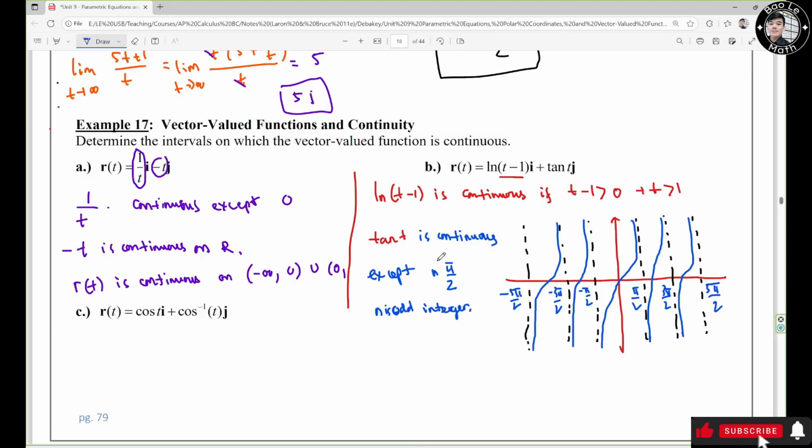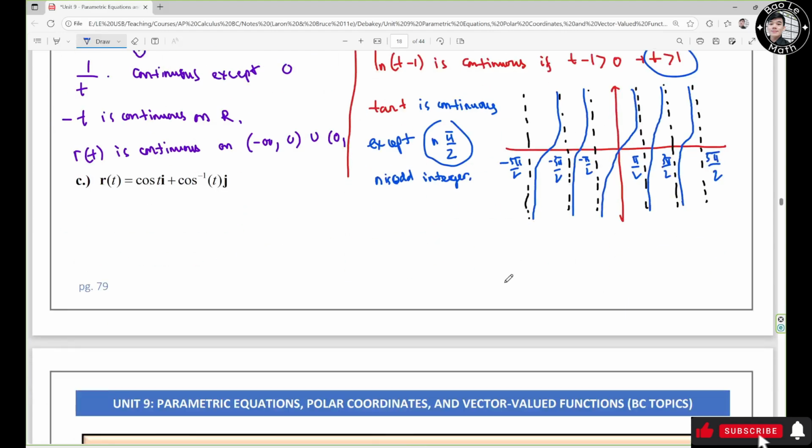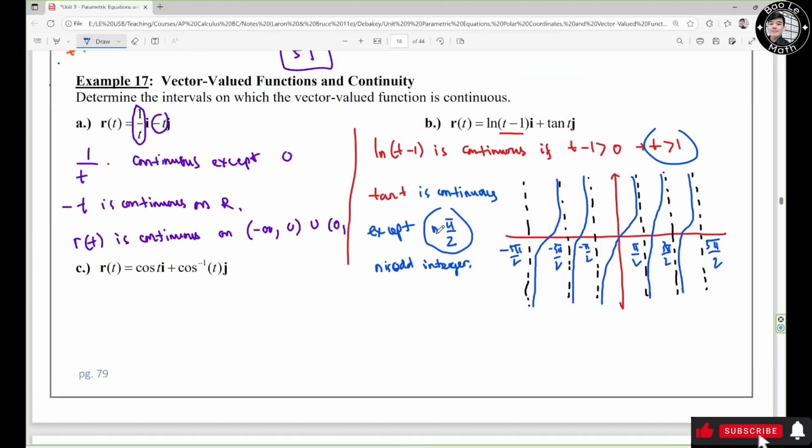Now we need to combine this guy and this guy right here. Alright, observe that if n equals 1, you have pi over 2 is always greater than 1, right? If n equals negative 1, it's going to be less than 1, right? So if you draw the number line right here, you will see that 1 is here and n pi over 2 is somewhere right here if n is greater than or equal to 1, right?